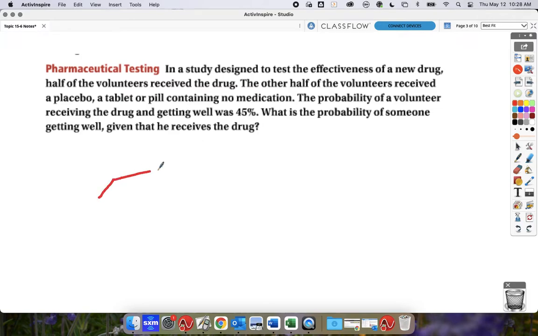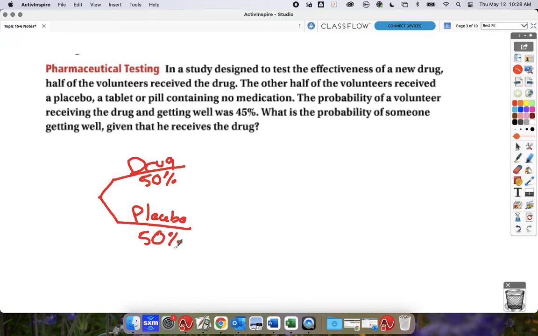Half the people took the drug and half the people took the placebo. So 50% of the people got the drug and 50% of the people got the placebo. Does that make sense?